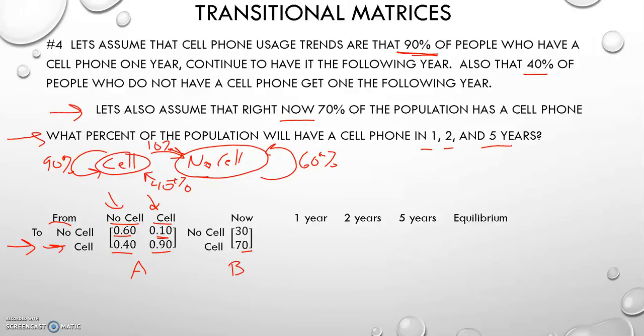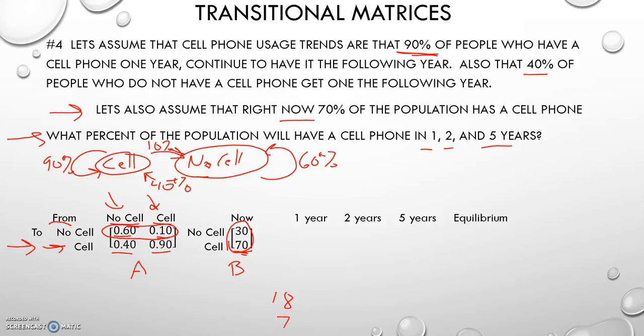And if you follow through this first one with me, we're going to take this first row here and multiply it times this column. Here's what we're doing. 30% of the people don't have a cell phone. 60% of those 30 people will continue not to have a cell phone the following year. And that's 18 people. Then these 70 people who have a cell phone, they're going to move to the following year. 10% of them will not have a cell phone the following year. 0.10 times 70, that's 7.